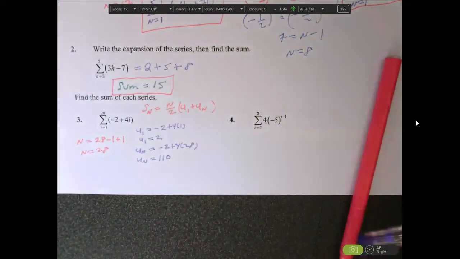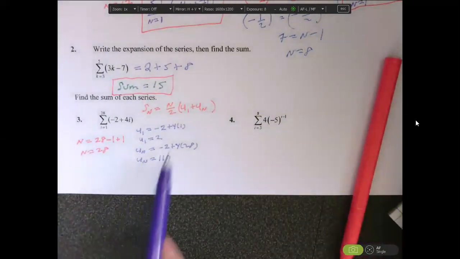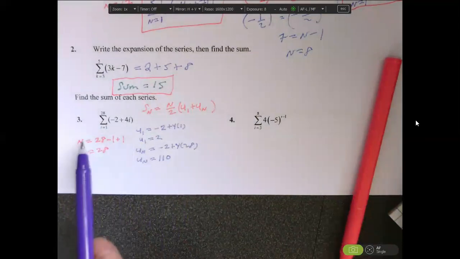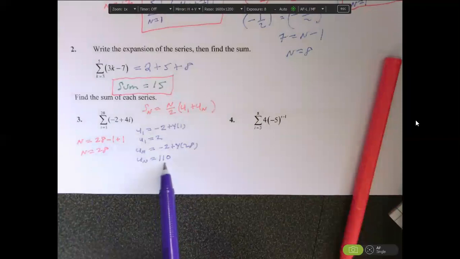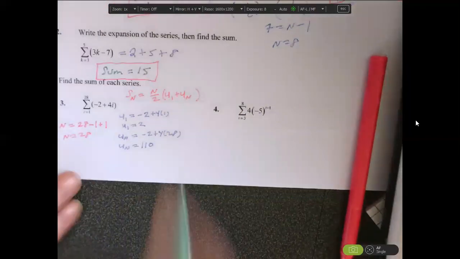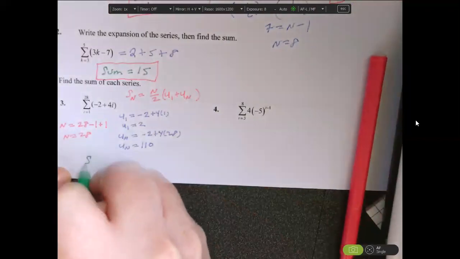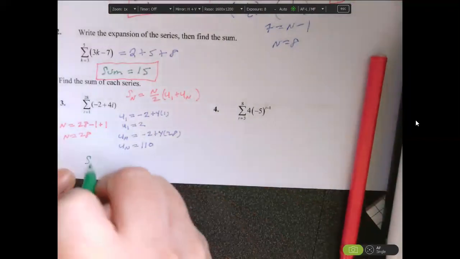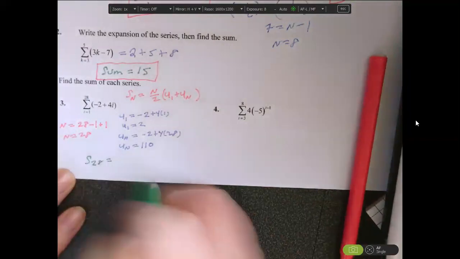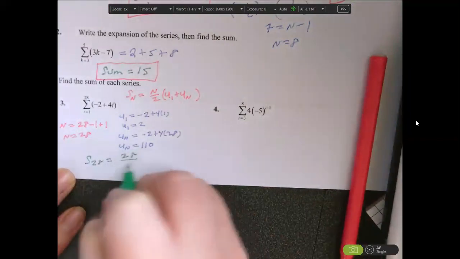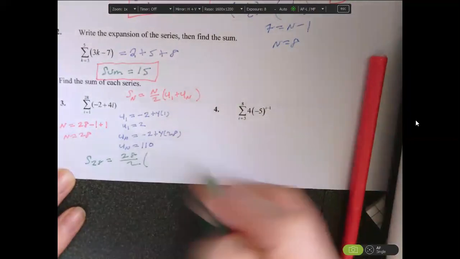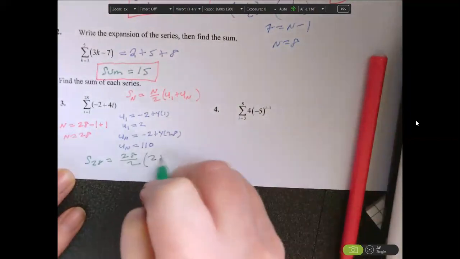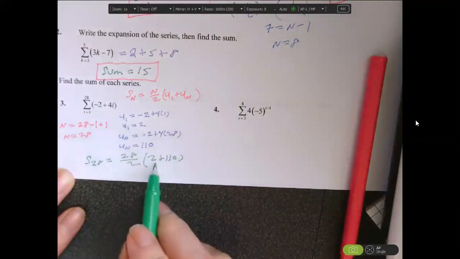Okay. Now that we know how many terms there are, we know the value of the first term, we know the value of the last term, we can now just use the formula and finish this up. So S sub 28, there were 28 terms, equals 28 divided by 2 times the quantity 2 plus 110.